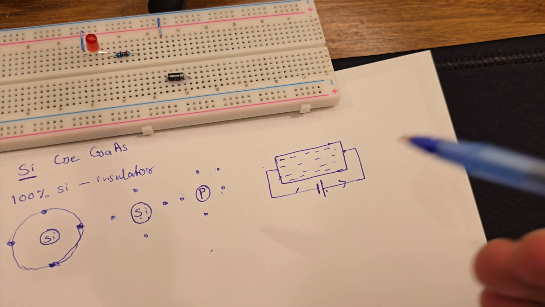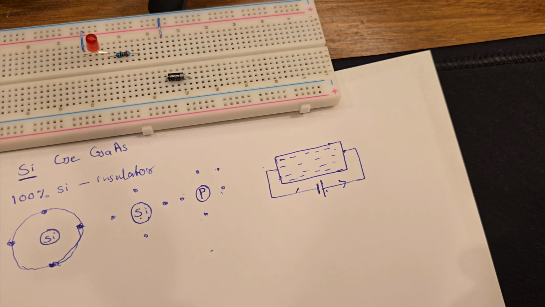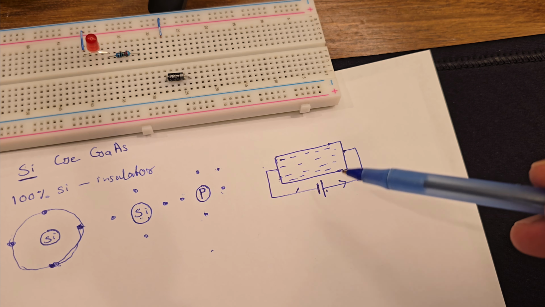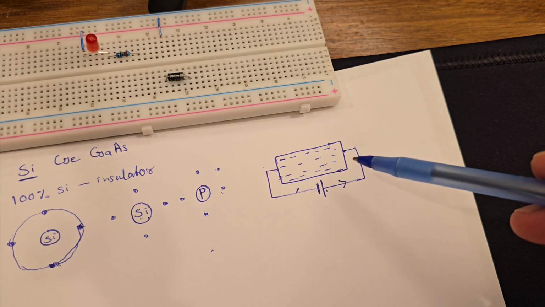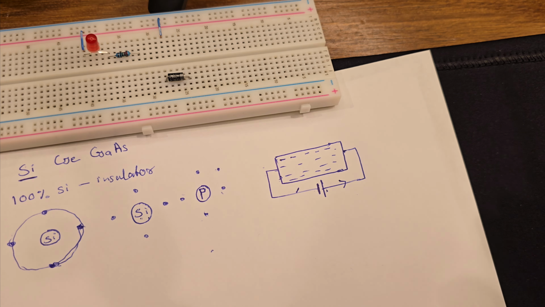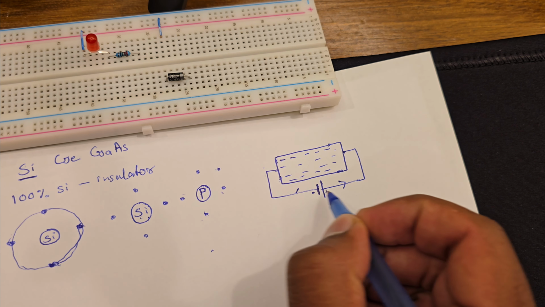Electrons flow from the negative terminal to the positive terminal. But anyway, it's just a convention. It doesn't matter. The effect is the same, so people never bother to change that. Everybody thinks the current flows from positive to negative, but in reality, the current flows from negative to positive.